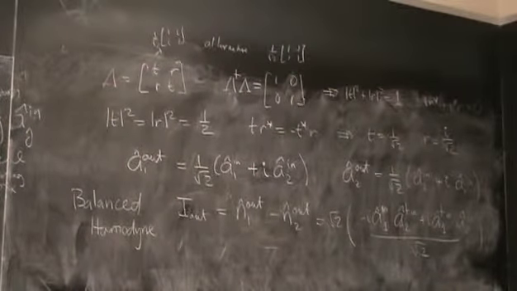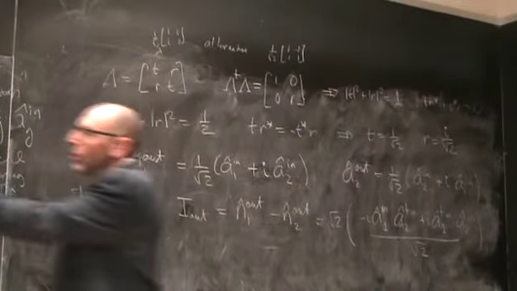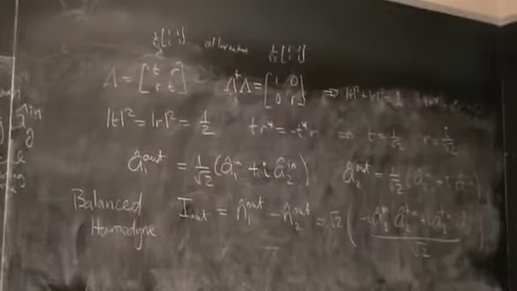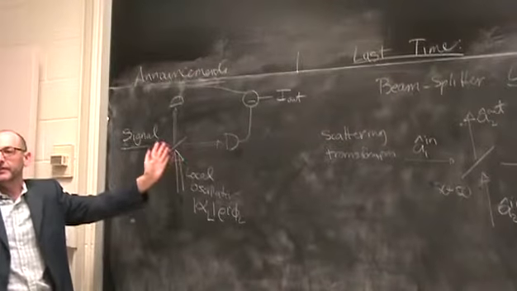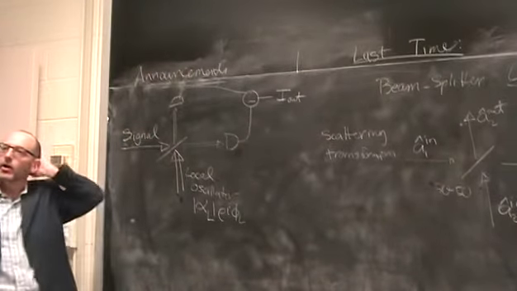I just have that root 2 there for some mad reason. So that's the general transformation. What we're going to do now, as before, we're looking at this scenario where we send in a signal and mode 2 is occupied by something that's got a mean field alpha, something that's like a coherent state.